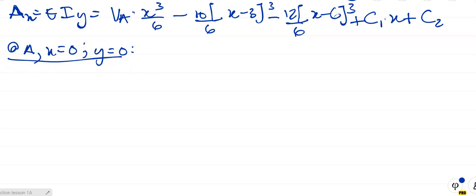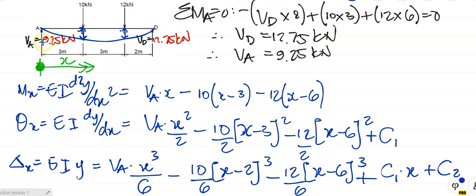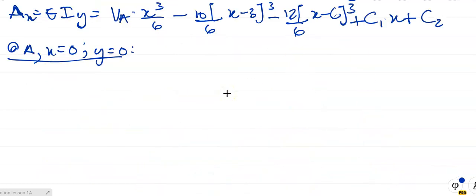Let's go back to that. At A, x is equal to 0, the deflection is 0. So we're going to use that fact to help us determine C1 and C2. If x is 0, I'm going to put this in there and determine y.